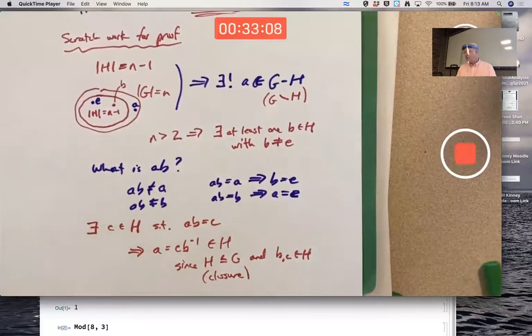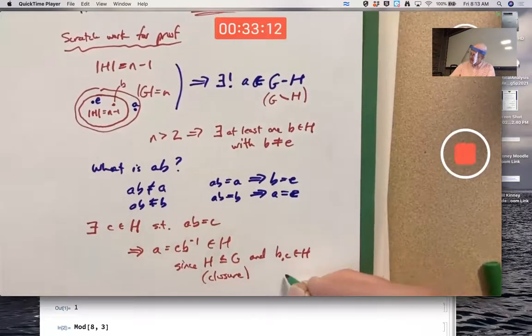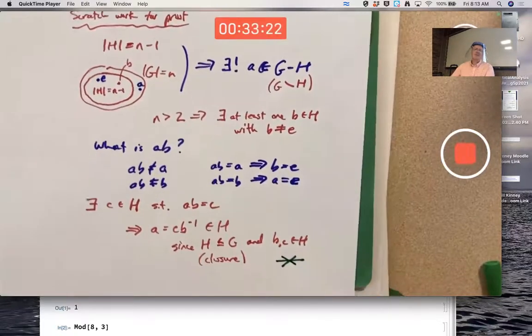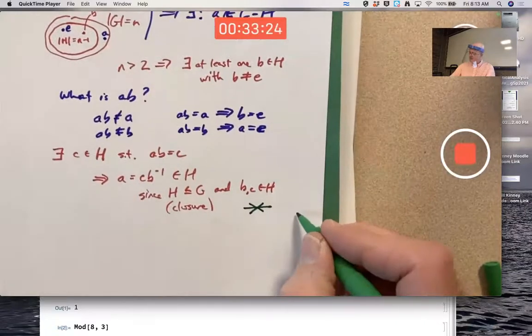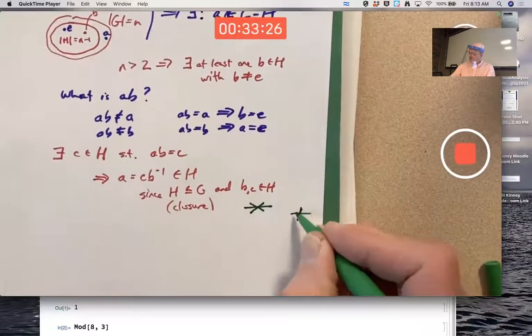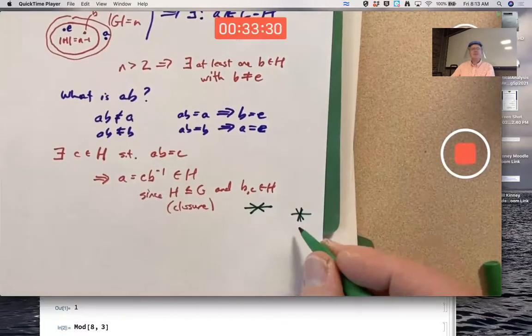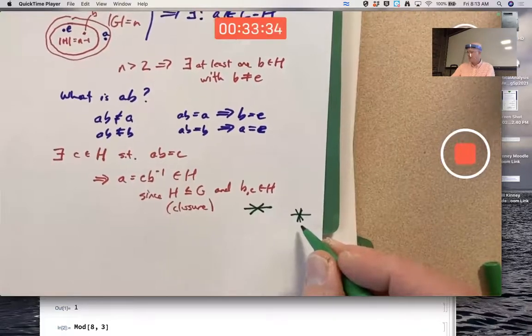When you reach a contradiction, some mathematicians like to put this kind of symbol near the end when you got your contradiction. I like to draw it like this. Now, sometimes you'll see it more like this. But when my math teachers did that kind of thing for a contradiction, I always thought, oh, that's a star.